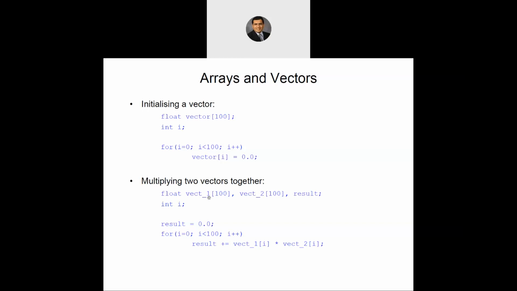In this program, we are multiplying two vectors. We are creating one array called vect1, second array called vect2, and a normal variable called result. And using a loop, we are calculating the value of result. We're saying result plus equal to, that means result is equal to result plus vect underscore 1, starts with 0, 0 times vect underscore 2, 0 subscript.